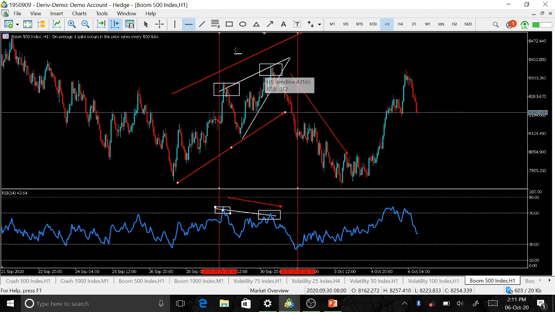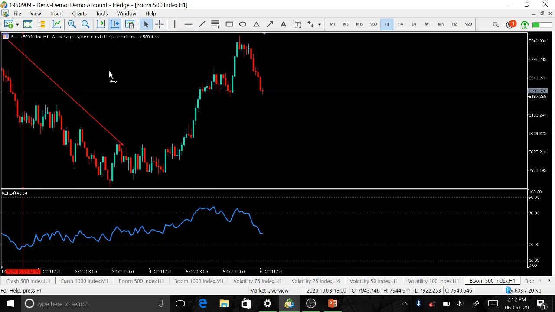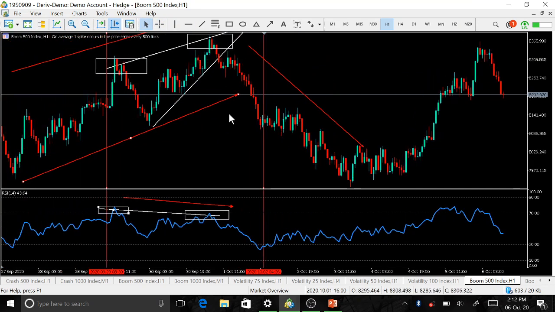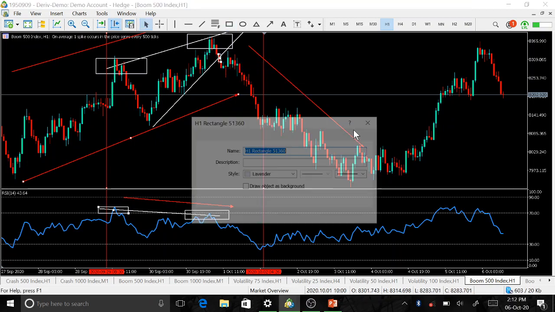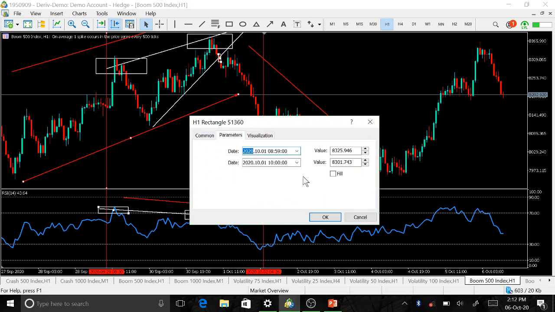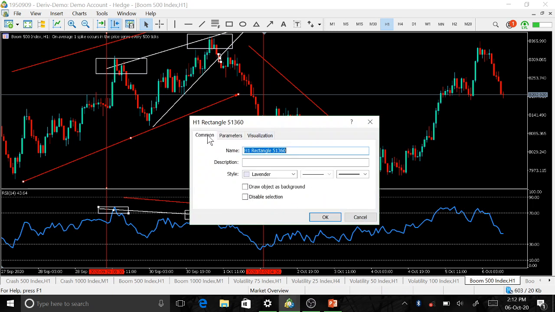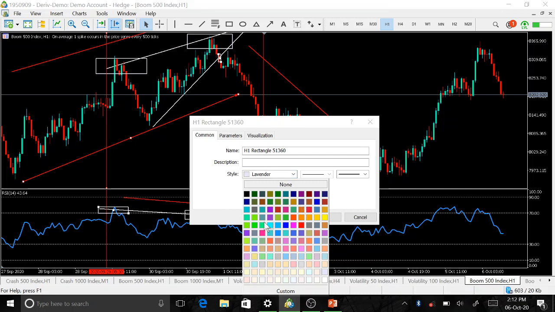So zooming in, okay. Let me just zoom in so you can see clearly actually. You see this candle, the little candle broke my trend line here. This candle actually broke my trend line. Let me show that with me. If I can actually change the color.